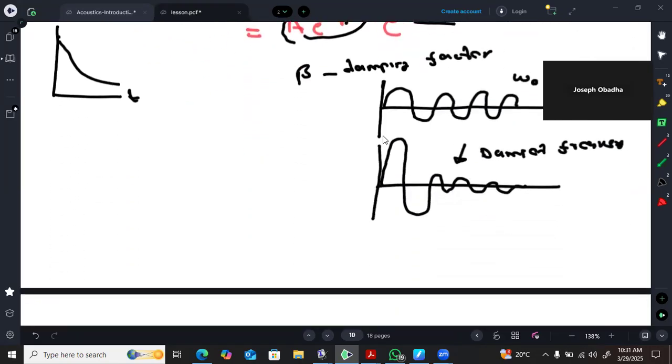So it is very clear that if we add a damping factor, then now you'd have your x be equal to A e to the minus beta t e to the plus or minus j omega D t.